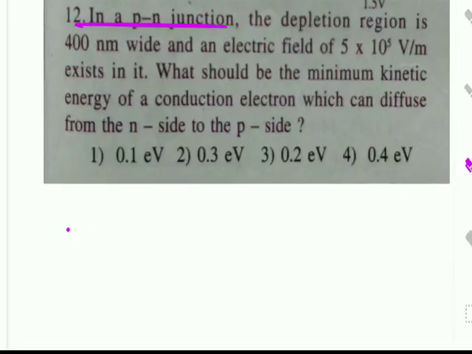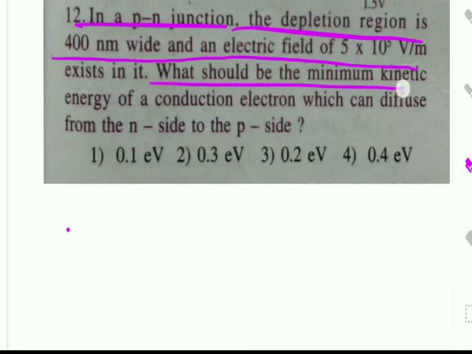In a PN junction, the depletion region is 400 nanometers in width and an electric field of 5 into 10 to the power of 5 volts per meter exists in it. What should be the minimum kinetic energy of the conduction electron which can diffuse from N side to P side?